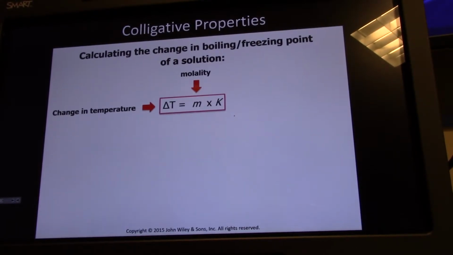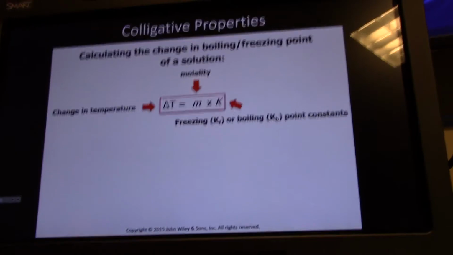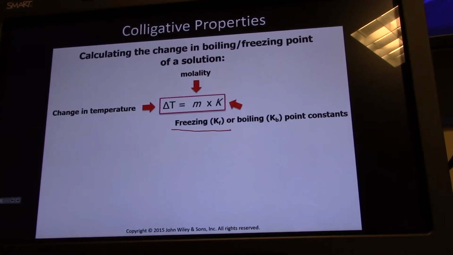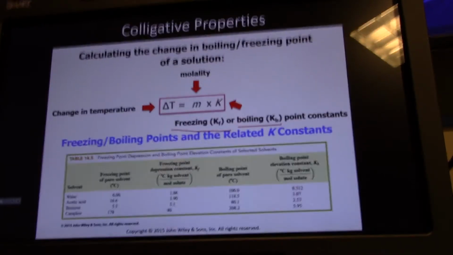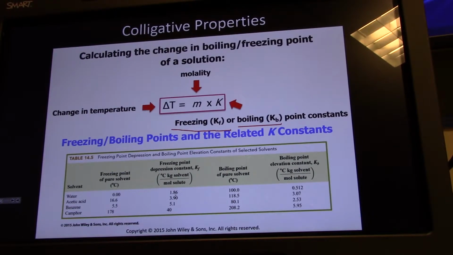To calculate the colligative properties, the change in freezing point or boiling point will be the molality times a constant. There are different constants. Freezing points use Kf, boiling points use Kb. Notice they're different. For water, Kf is 1.86, whereas Kb is 0.512.